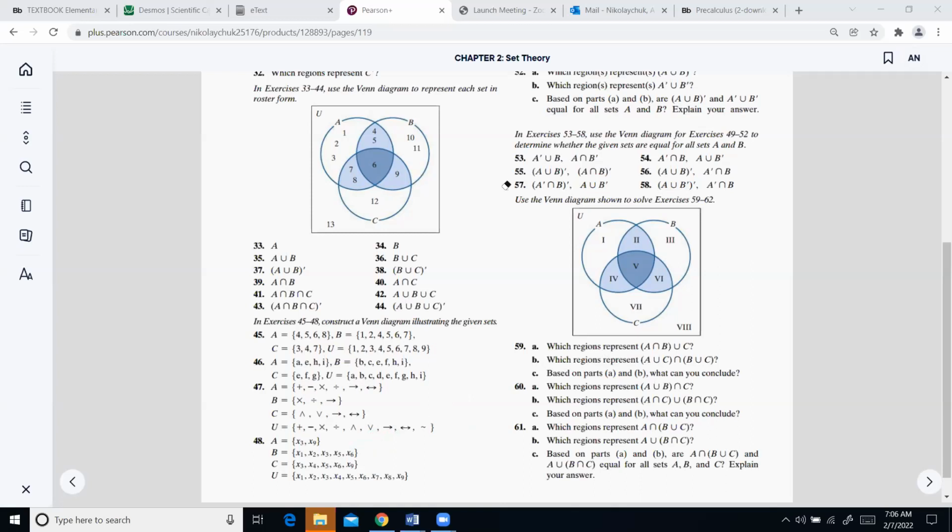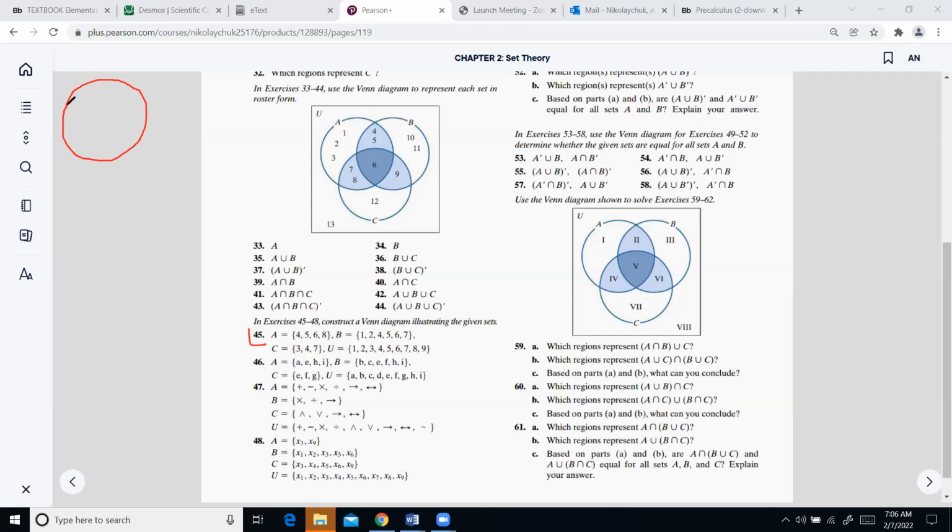So let me try to construct a Venn diagram here, like in exercise number 45, where they have 3 sets and they want me to produce a diagram that deals with those 3 sets. So in exercise 45, I'm going to make a picture that has 3 sets in it.